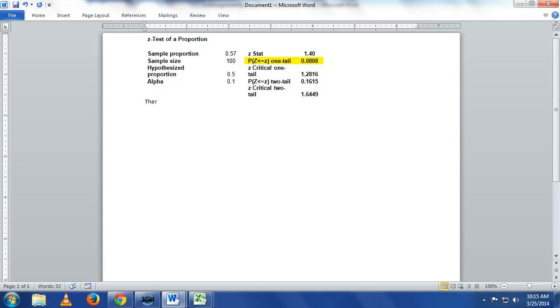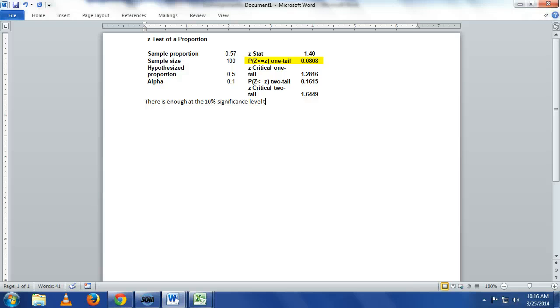There is enough evidence at the 10% significance to conclude, oh, I'm sorry, I'm having trouble typing, but to conclude at the 10% significance level that the percentage of people that said the bookstore is excellent is greater than 50%.